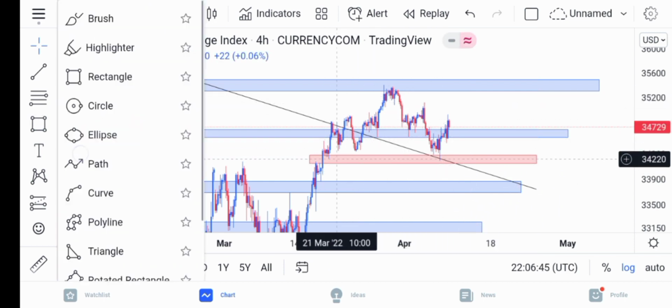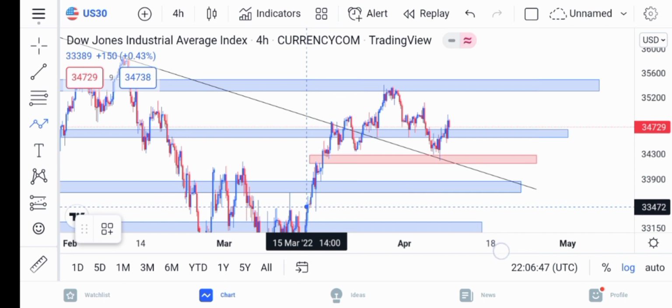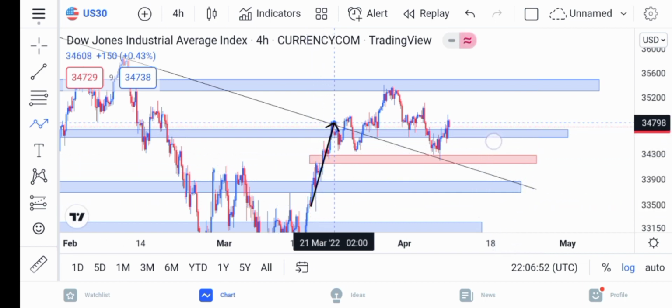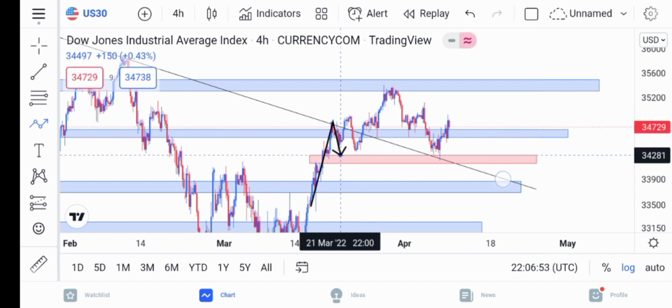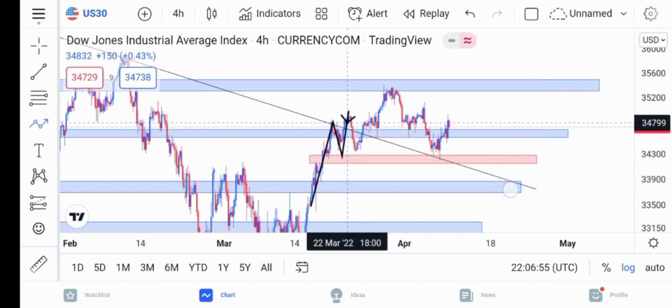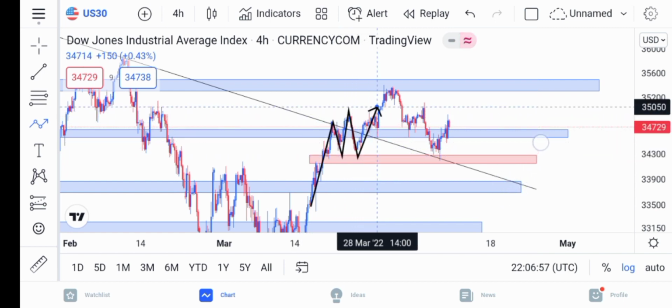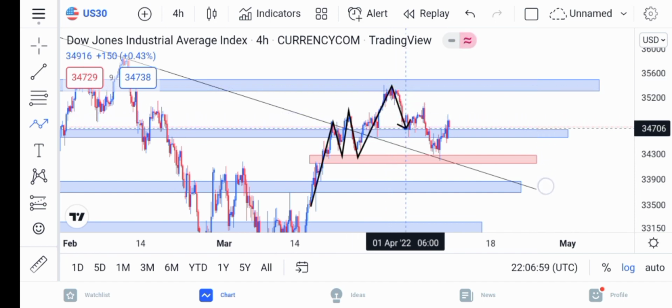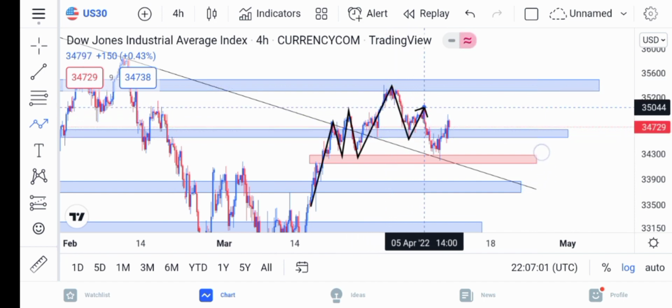So from this point over here, you see it pushed upside, then played around a little bit before breaking out of the trend line. Now this is how US30 moved.